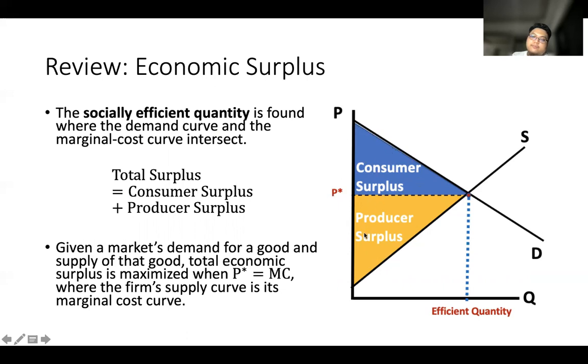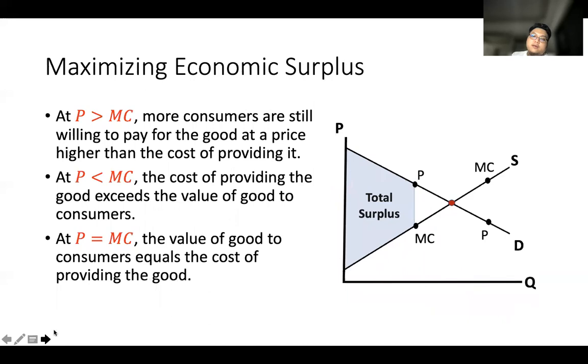But to understand why monopoly induces welfare loss for society, suppose price is greater than marginal cost. Suppose we're here. Then more consumers are still willing to pay for the good at a price higher than the cost of providing it. But at a price less than marginal cost, the cost of providing the good exceeds the value of the good to the consumers.